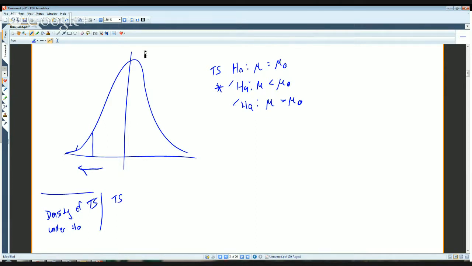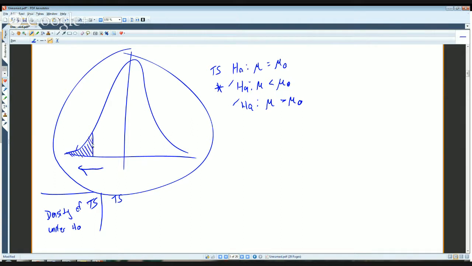Well, this is the density under the null hypothesis right here. If we were to say we'll only reject if our test statistic is smaller than this quantile right here, that would make that probability small. So we can set that quantile so that the probability is only 5%.